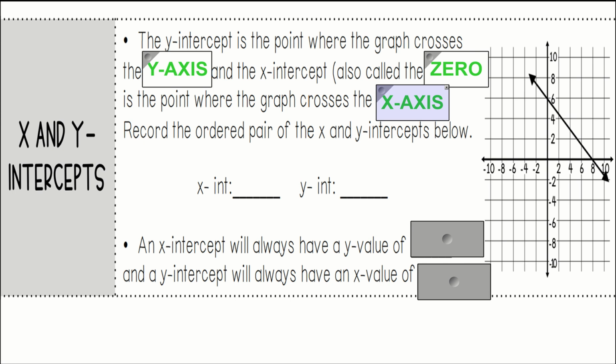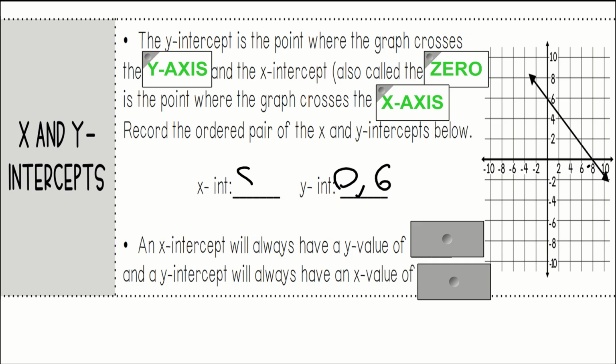So if we look at the graph over here, my y-intercept is right there. That's given me an ordered pair of (0, 6). My x-intercept is where it's crossing the x-axis.